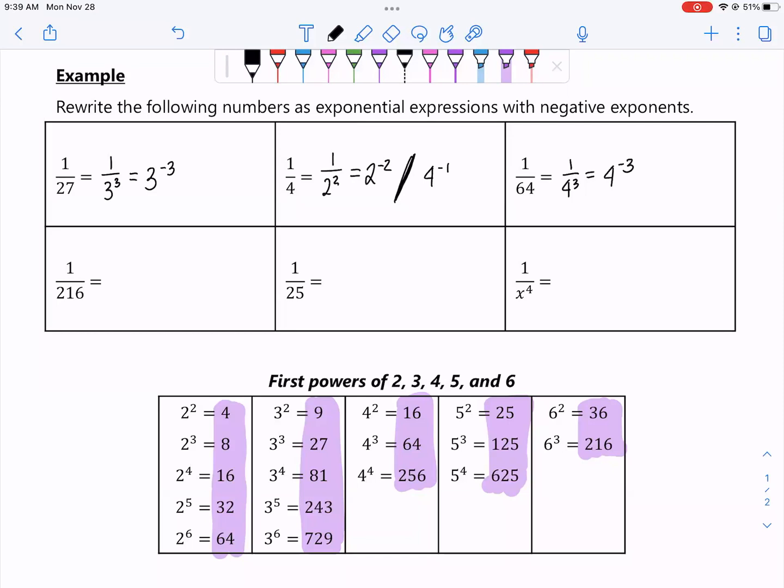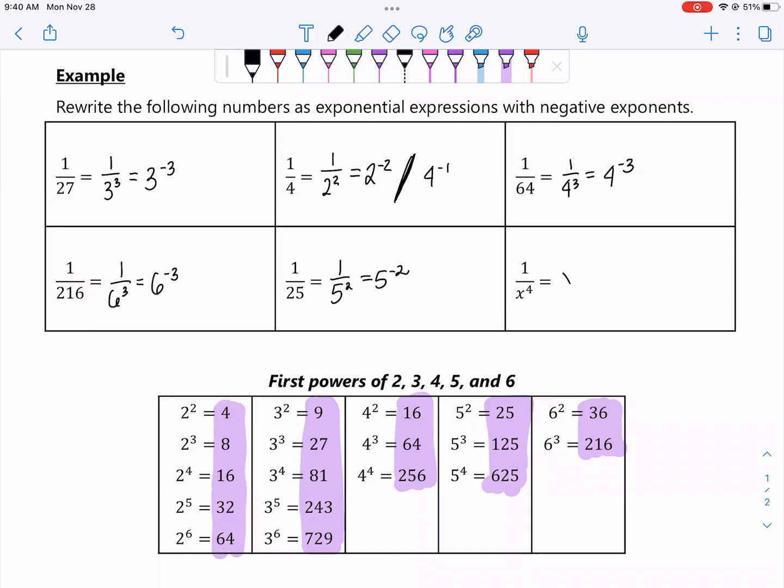So essentially, if you see a square, a cube, a fourth power in the denominator, you are going to write that with the base with a negative exponent. 216, that's 6 cubed. So we have 1 over 6 cubed. That's 6 to the negative 3. 25 is 5 squared. This is 1 over 5 squared. So it's 5 to the negative 2.